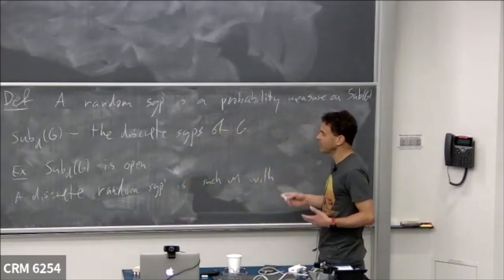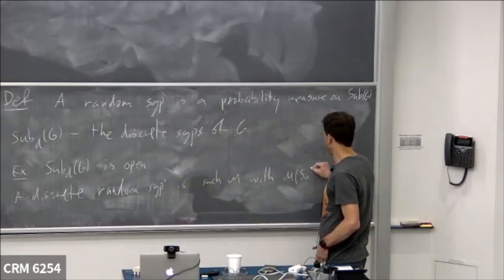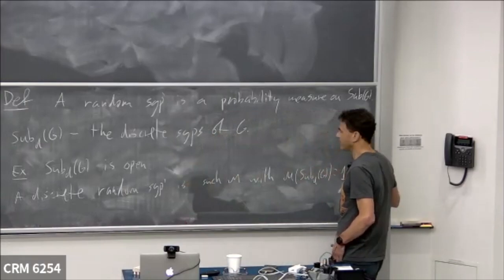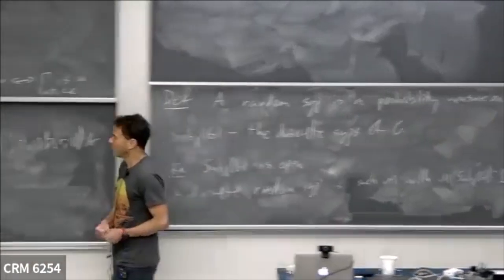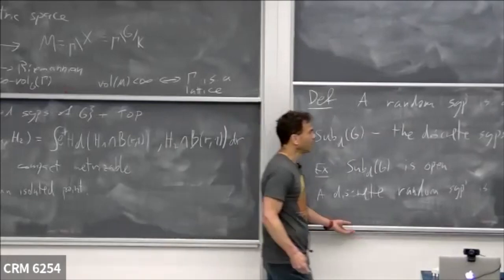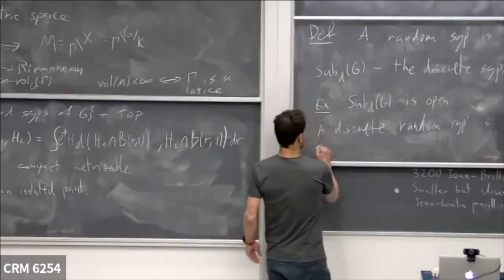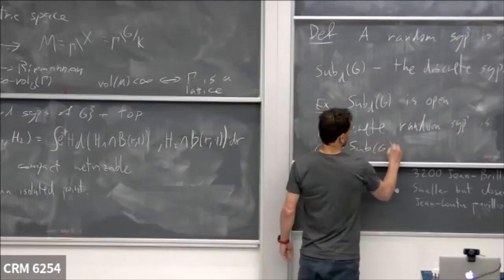Okay, the support is closed, but you want mu-probability one that you get a discrete group. So that's a discrete random subgroup. So now G acts on Sub G by conjugation.